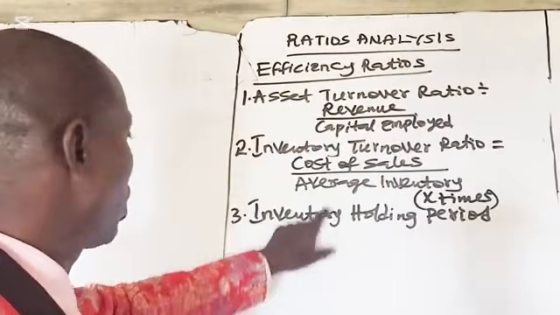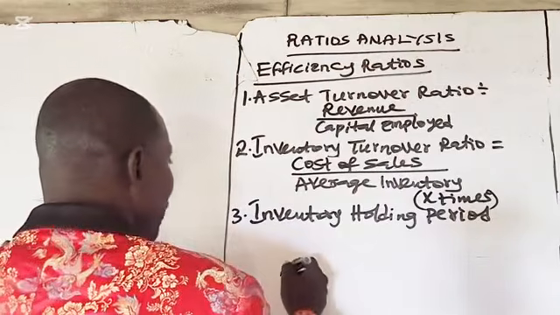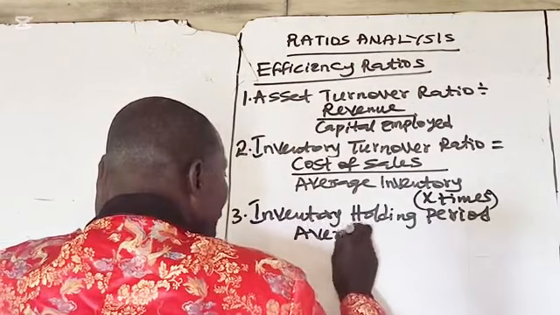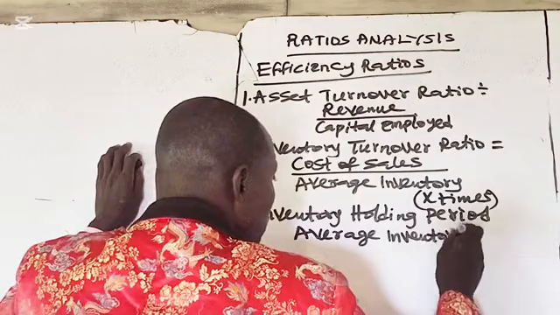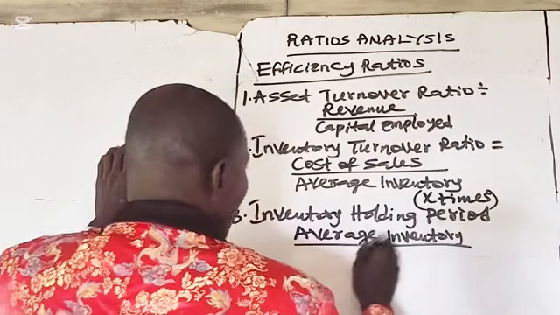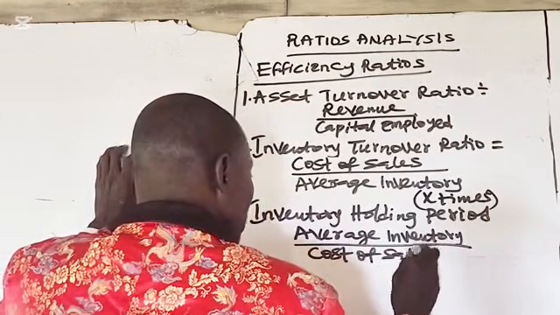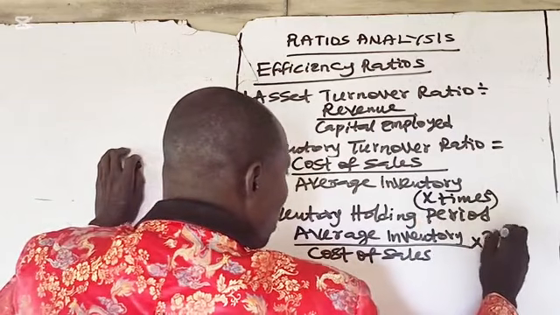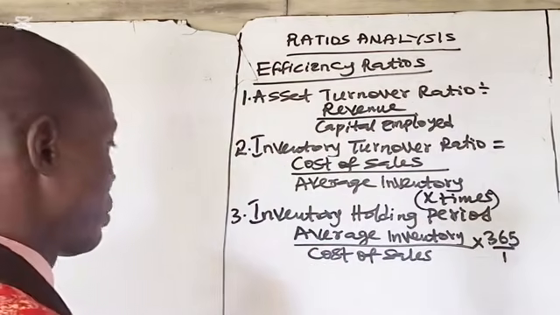So the ratio is a reciprocal of this one. That means the inventory holding period will be average inventory over cost of sales. Since it is in period, if you want to leave your answer in days, you multiply by 365 days.